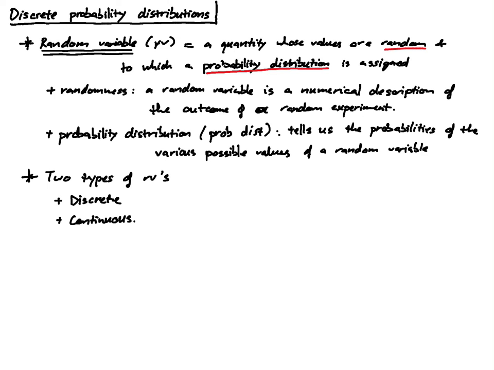So in this video we define what a random variable is, and we list the two types of random variables that we will be interested in going forward.